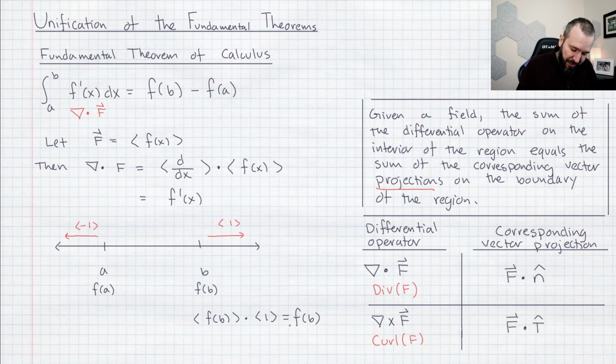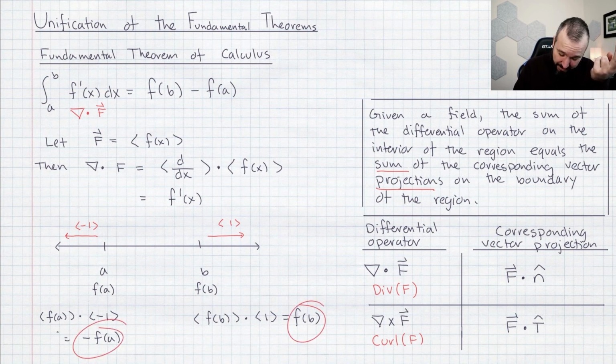And likewise, on the left-hand side here, if I calculate the vector f of a projected onto the outward normal vector on the left-hand side, all I'm going to get is negative f of a. What this says is I need to do the sum of all of the corresponding vector projections on the boundary of the region. There's only 2 boundaries, and I have both of these vector projections right there. So this is the sum of the corresponding vector projections on the boundary.